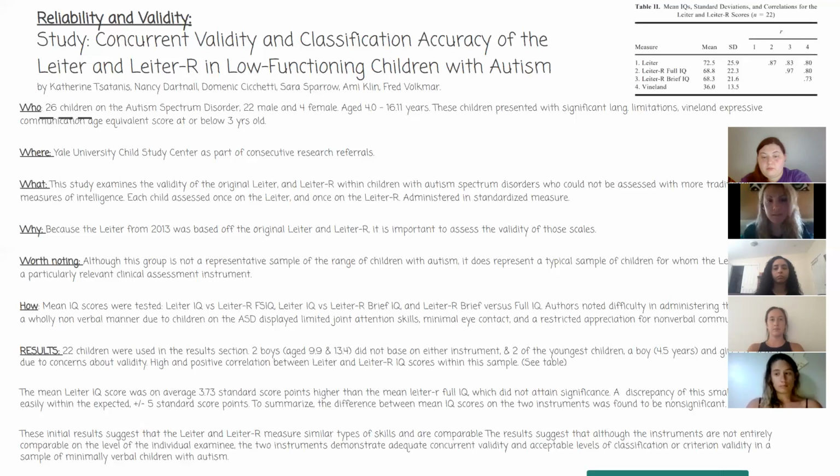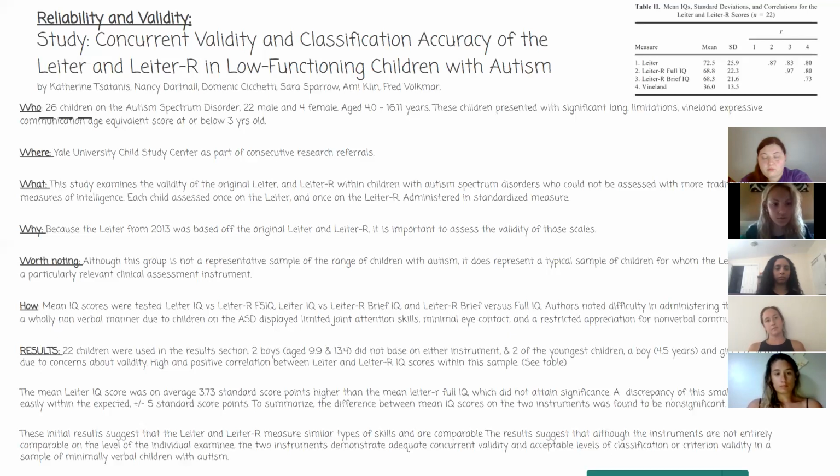So given both of their standard scores, these kids were very, very close. The difference between the mean IQs on the two instruments is not significant. It wasn't that one kid scored very low and one kid scored very high. They both scored in generally the same area on both of these tests.